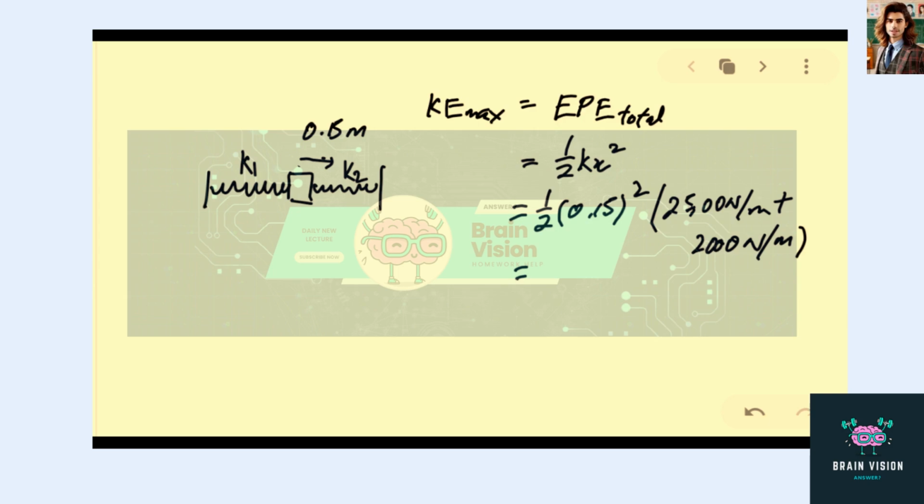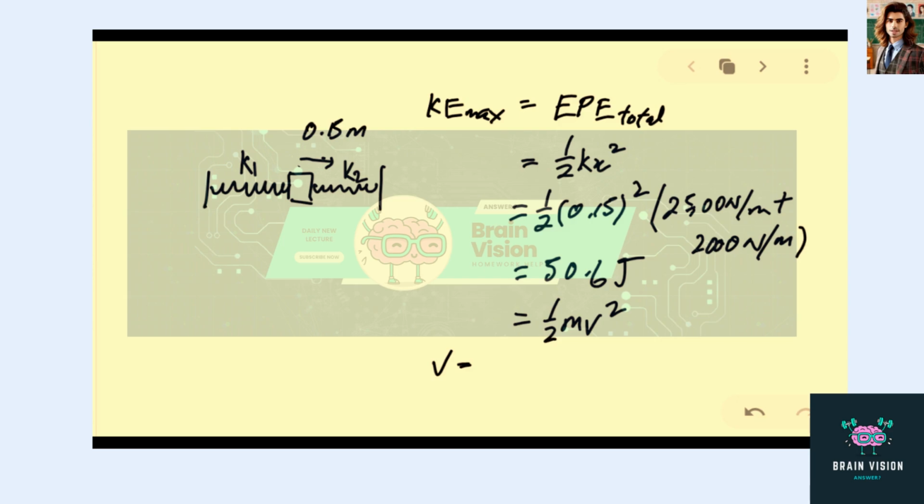So evaluating this, we should get a value of about 50.6 joules. You can equate this to half mv squared. We want to find our velocity v.